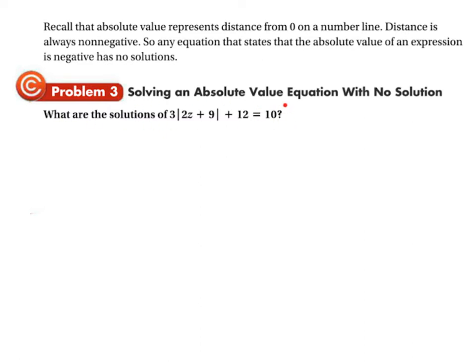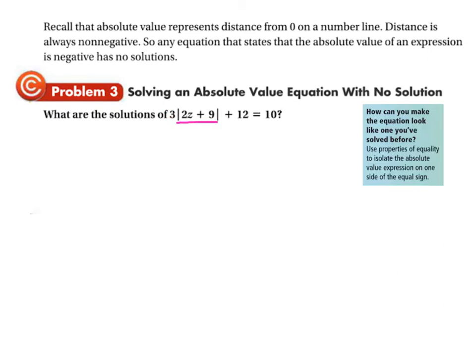Well, notice here, it looks like it says it's a positive number, but we haven't yet dealt with this plus 12 and this times 3. We have to undo those first to get it down just to the absolute value part. And then we can look at what it says that's equal to and then determine.